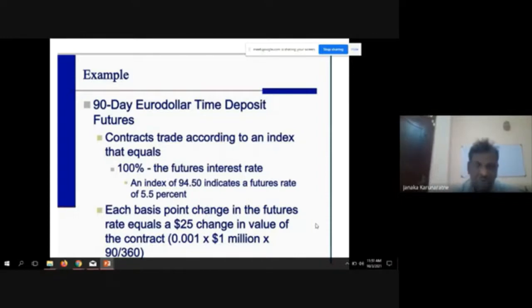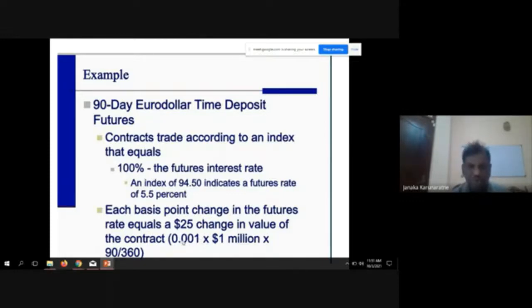So that is because our contract size is 1 million. Future contract period is 90 days divided by 360. Here it should be another zero, I think, 0.001. Another zero, because 1 basis point means 0.01%.